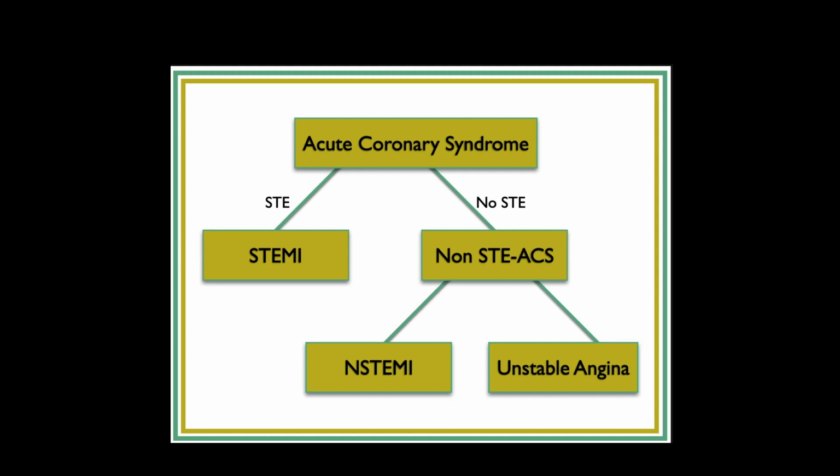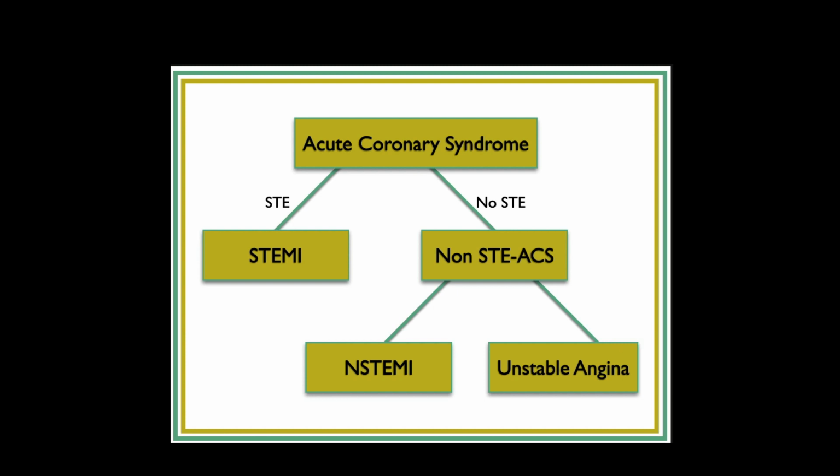So we have acute coronary syndrome, and we can subdivide it, once we do a 12 lead, into those that show ST elevation and those that show no ST elevation. With ST elevation in 2 or more contiguous leads, we know where that ends. So that's one big, relatively simple category of ACS: the STEMIs.